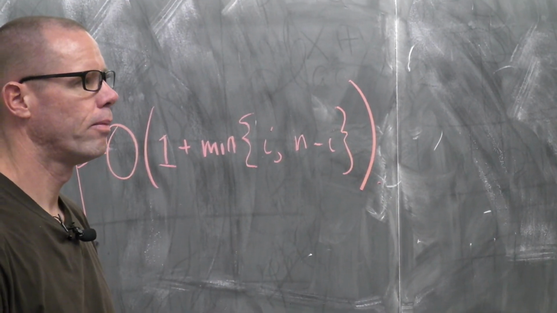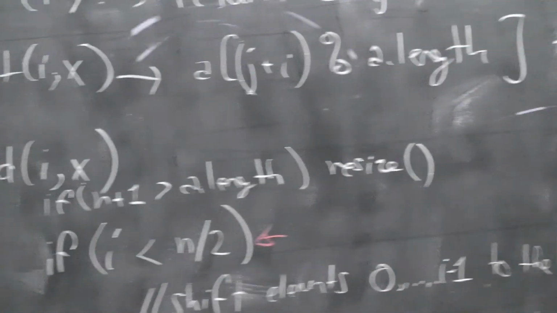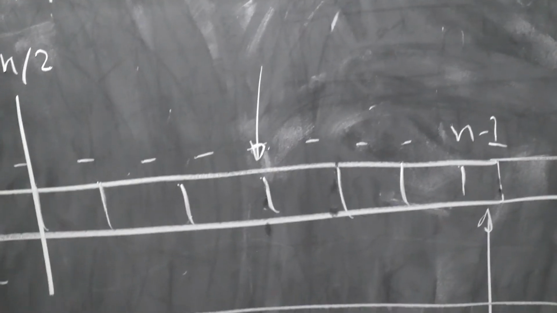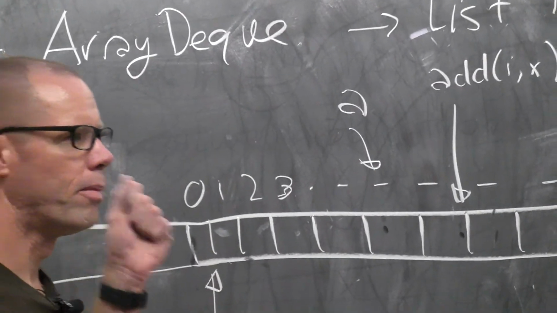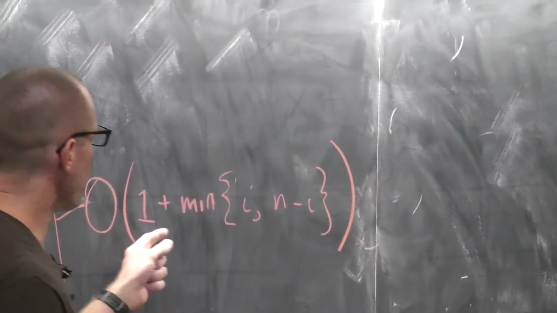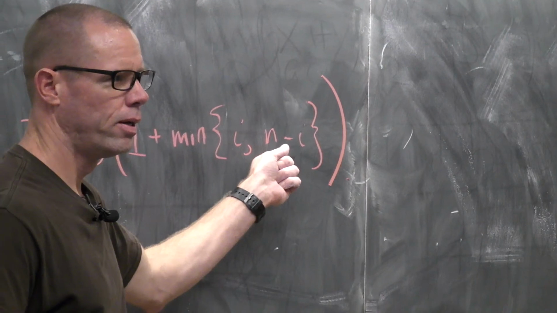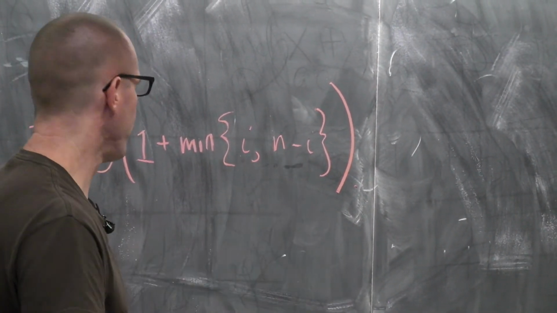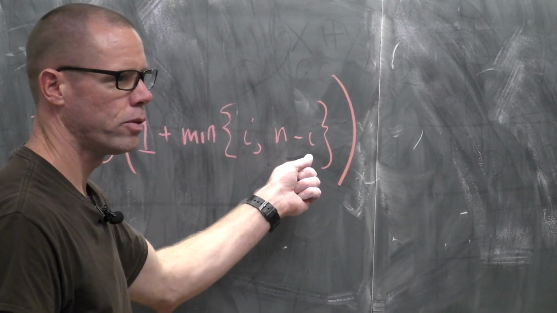If I call add(i, x) to add something at the front of a list, what value of I do I use? Yeah, I use I equals 0. In that case, this is 1 plus the minimum of 0 and n minus 1, so this is 1 plus 0. So that means if I run this with a value of I equal to 0, it's just constant time, O of 1.